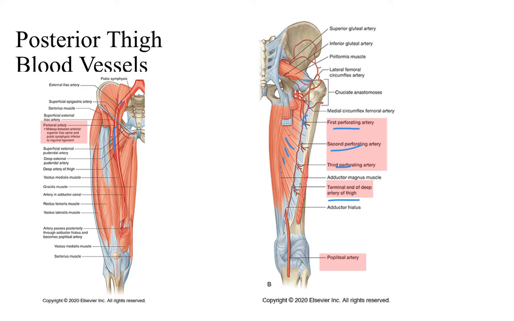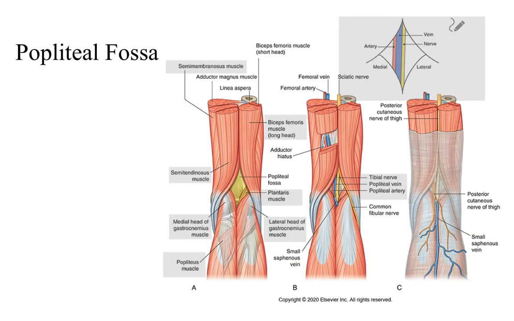And those perforating arteries are what's going to supply the posterior compartment of the thigh and then meet back up here with the femoral artery until it passes into the popliteal region, where it will become the popliteal artery.